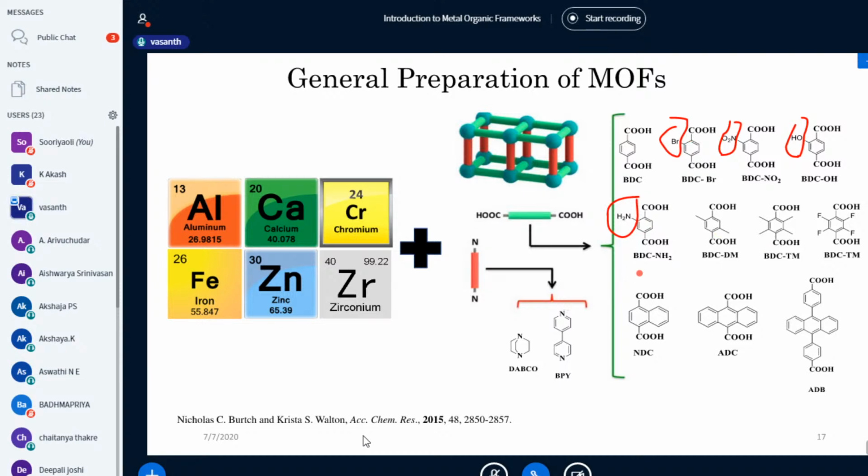Physical properties are those in which the material can absorb or adsorb molecules. Chemical properties are like the catalytic properties, or whether it is toxic or non-toxic. For example, if I include a functional group called OH, the molecule can easily absorb water.